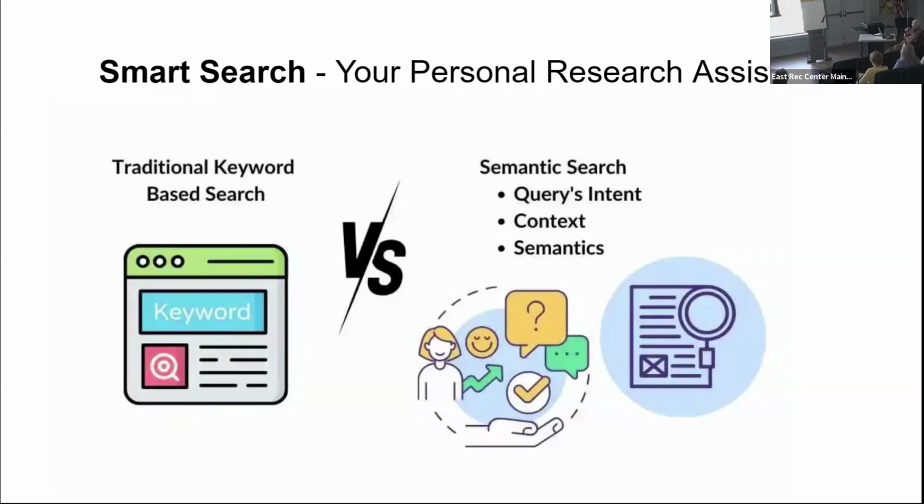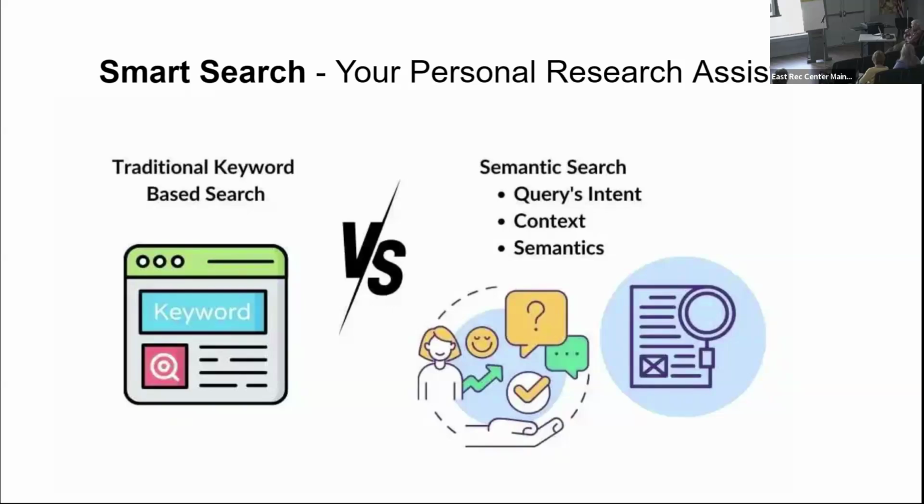But if you used a general word that was wrong, maybe not that wrong, suppose you said the East Rec meeting room when you meant the East Rec Center, Google couldn't find it.